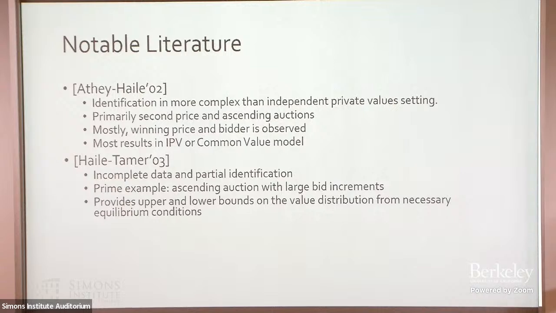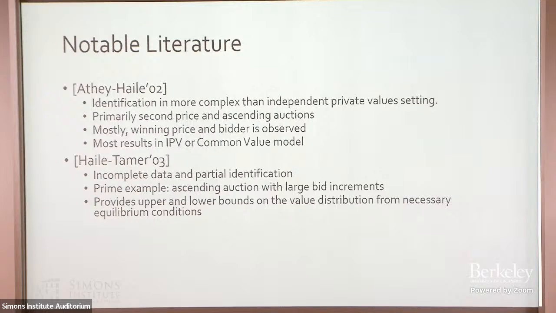Another paper looks at what happens if we look at ascending auctions, but bids are observed only in increments, which is typical in ascending auctions. So the price goes up by some minimum increment of, say, $5. You don't have a continuous strategy space. Even if my optimal bid is 5.5, I only need to bid either 5 or 10.